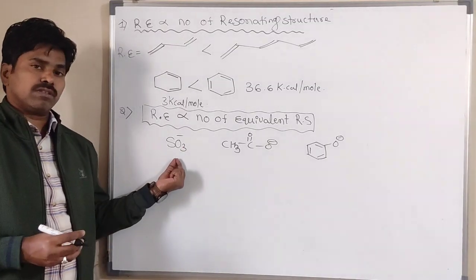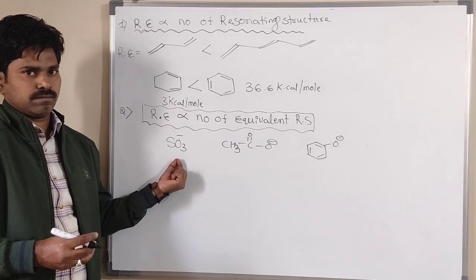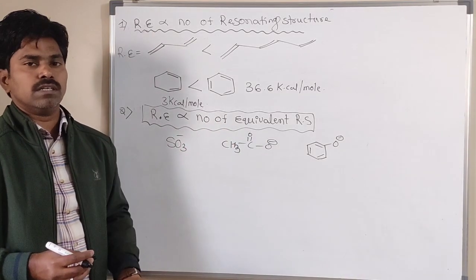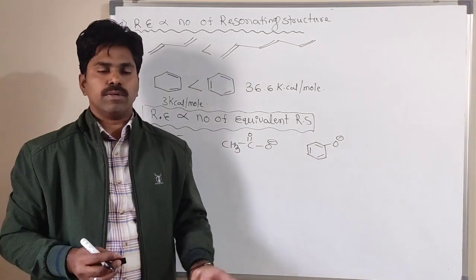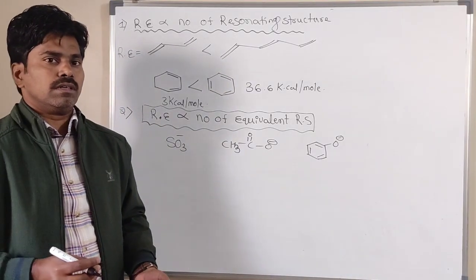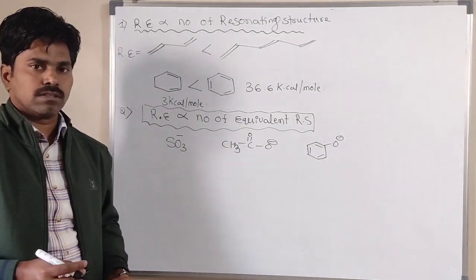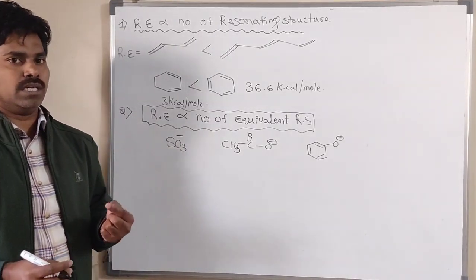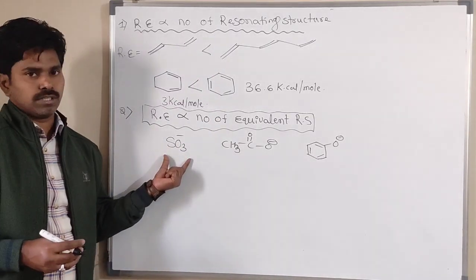So each resonating structure has the same energy. That is called equivalent resonating structures. We get the resonating structure by overlapping of negative electrons, so each structure gets the same energy. That's why we call them equivalent resonating structures.